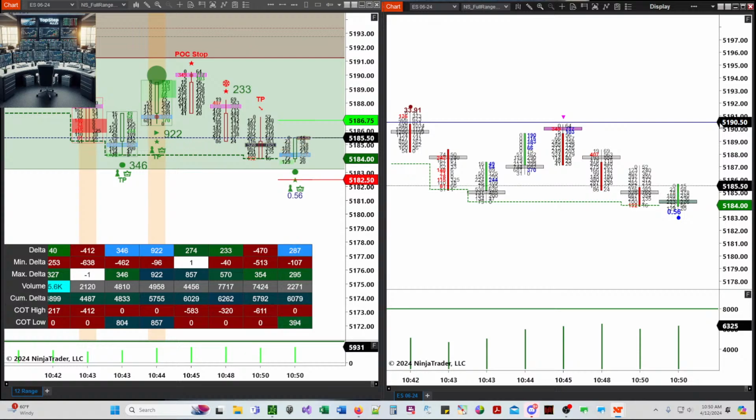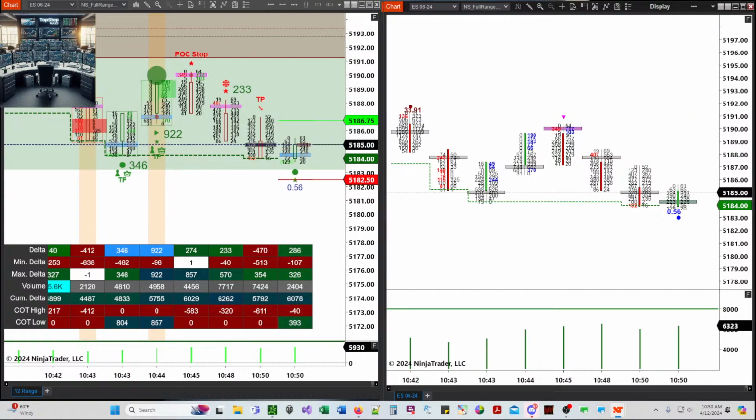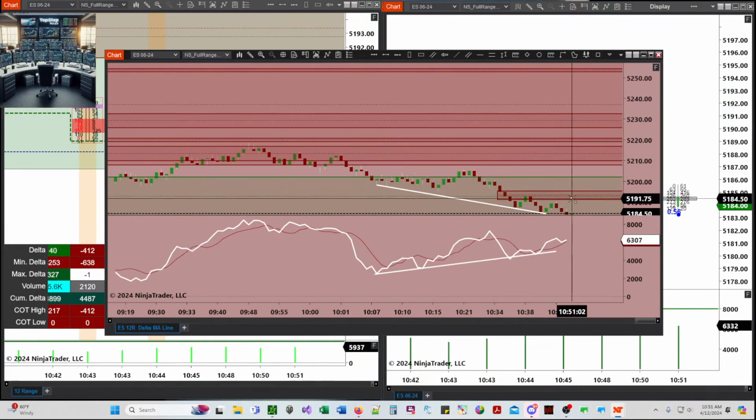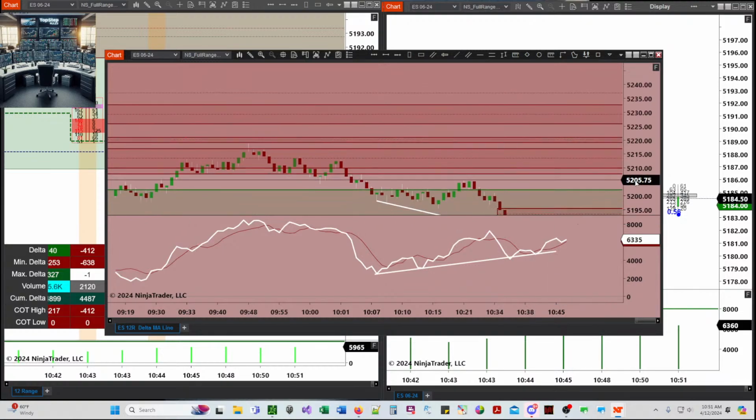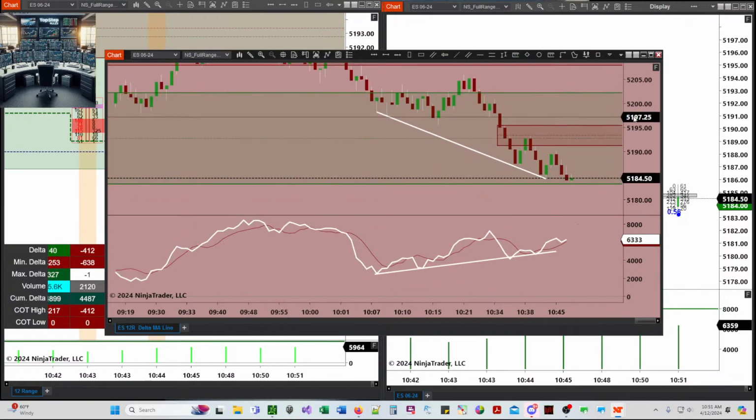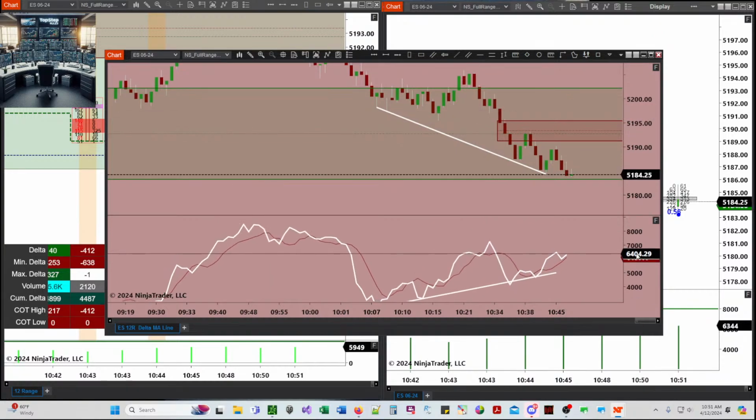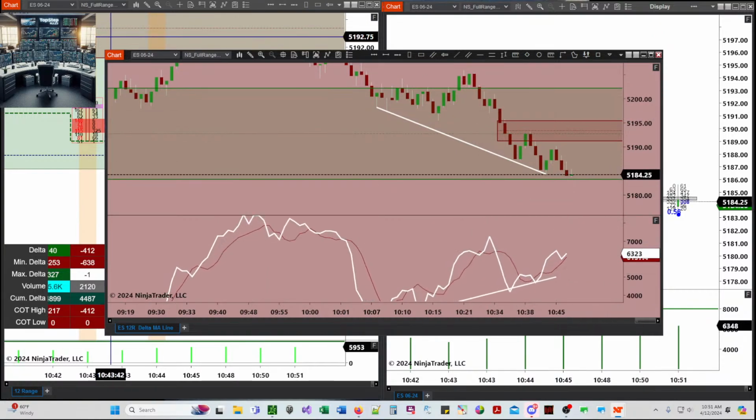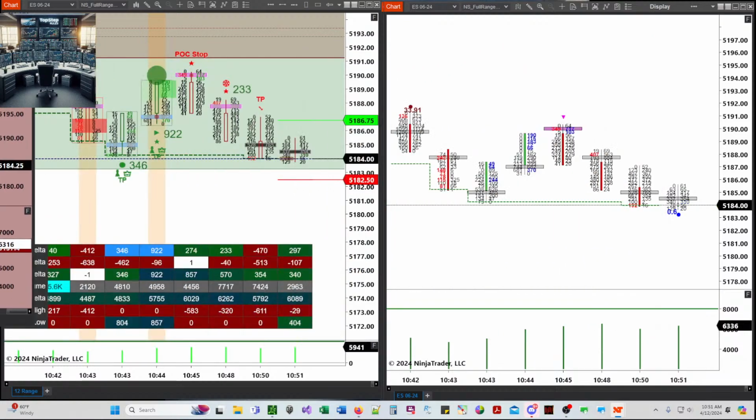It's like the cum delta and the moving average are getting ready to cross again. Or getting ready to meet at the intersection, so to speak.